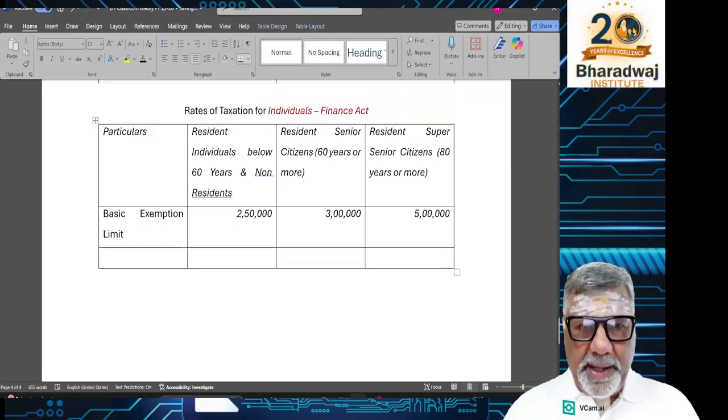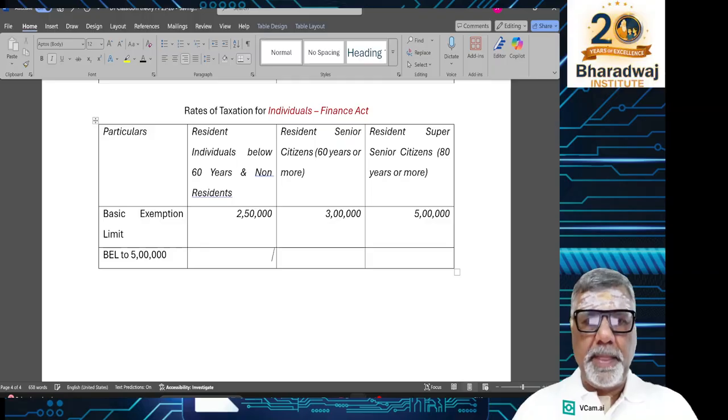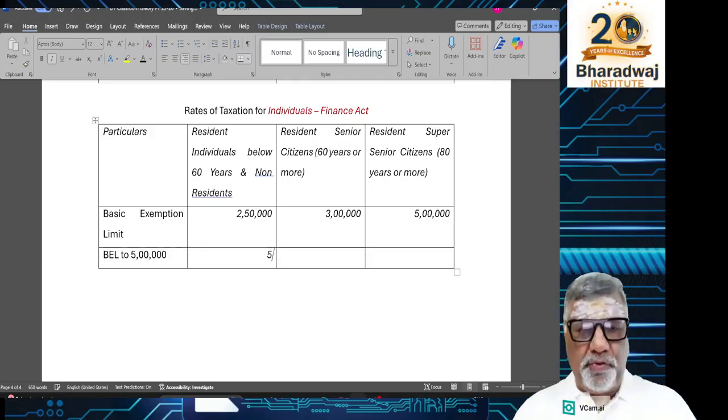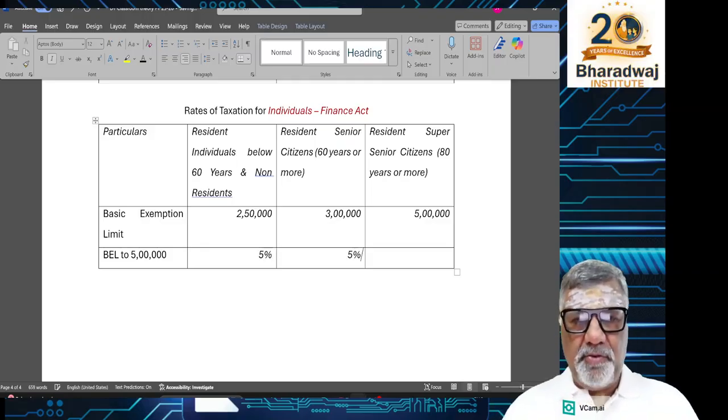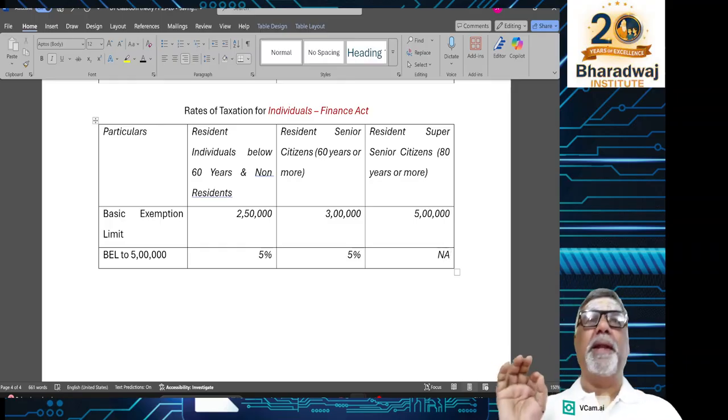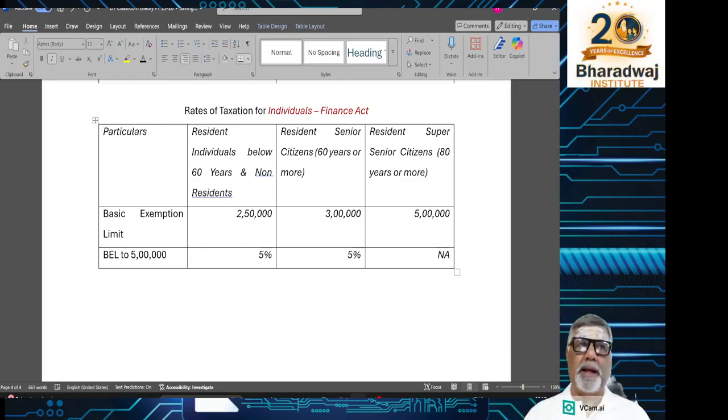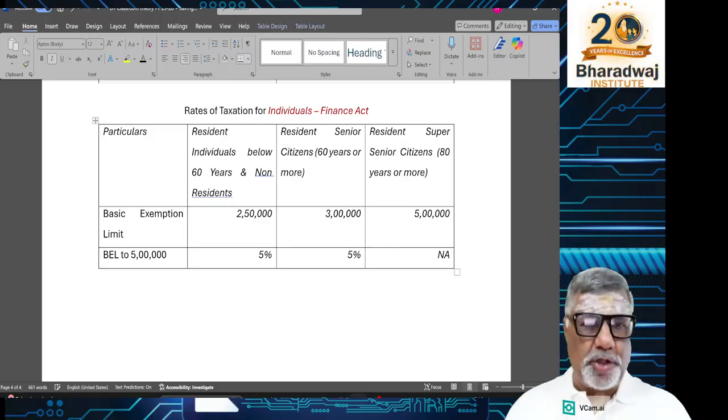The next slab is basic exemption limit to 5 lakhs, 5%, not applicable, because the basic exemption itself is 5 lakhs, so it is not applicable.